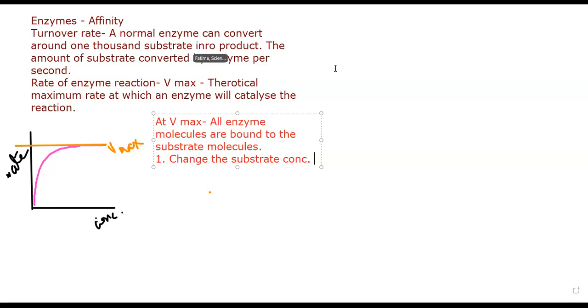But in practical exams, when you are designing your experiment, we have to make sure that we use a constant interval. We are changing the substrate concentration by a certain amount, so in my case, I am changing it by 5. Now, I will change the substrate concentration and I will measure the initial rate of reaction.